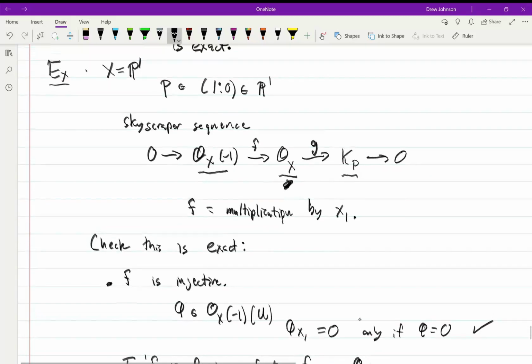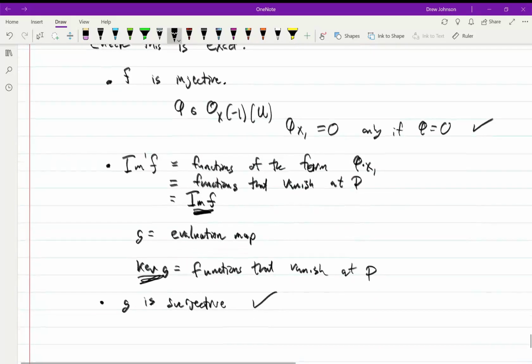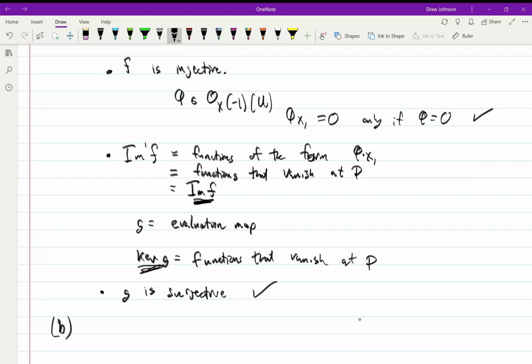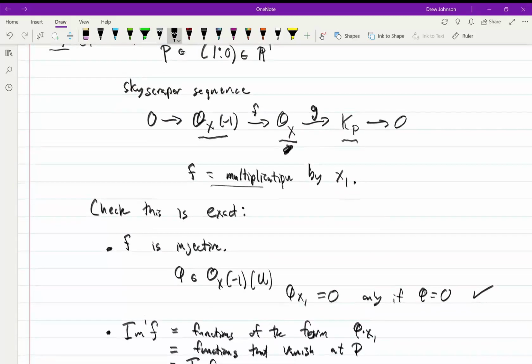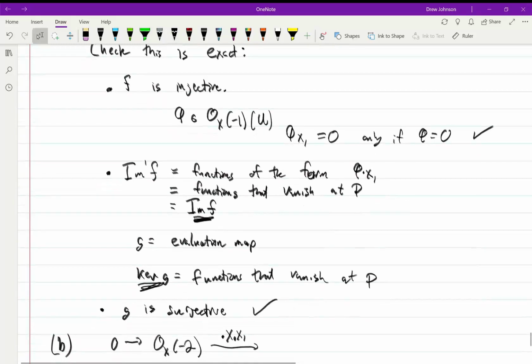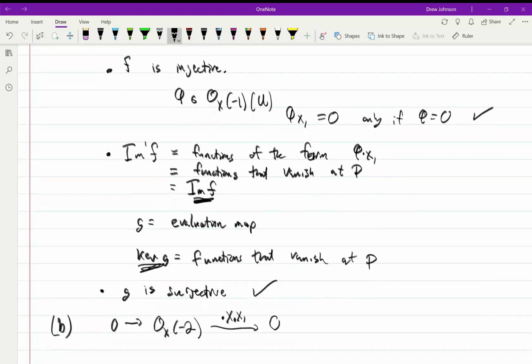Okay, so that was example A. Let's now look at example B, which will just be a modification of example A. We're going to take 0, O_X(-2), and then we'll map by, this time, multiplication by x0 x1. So before, remember, our f was just multiplication by x1, but now we're going to multiply by x0 x1. So that's going to increase the degree by 2. So we'll go from O_X(-2) to O_X.